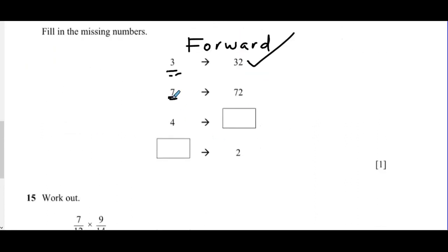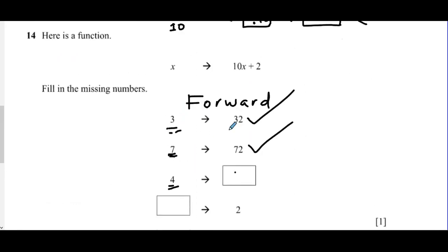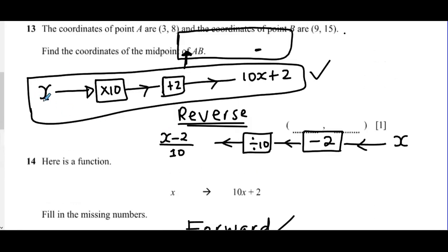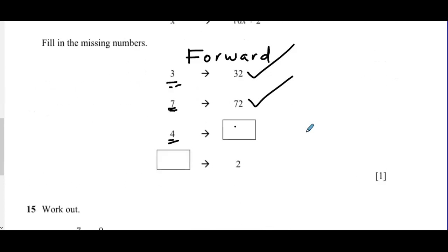So that is what you can see over here. Now you have to fill the missing numbers here. When the input is 4, what is the output? Do the calculation: 4 times 10 is 40. 40 plus 2 is 42. So you'll be writing here 42.